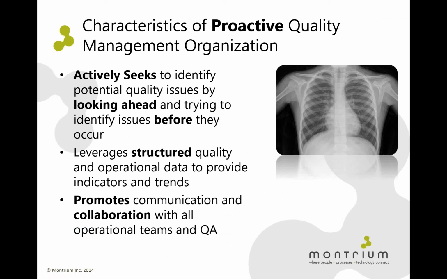To do this, they leverage structured quality and operational data to be able to provide indicators and trends. And they also promote an environment of strong and close collaboration and open communication with all of the various different operational teams and QA. That's very, very important. It's not just about data, it's also about relationships.